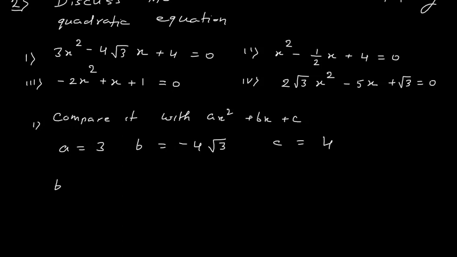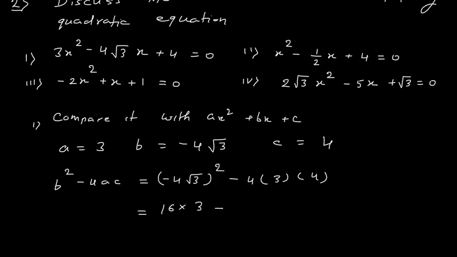So your discriminant, that is b² - 4ac, will be equal to (-4√3)² - 4 into a is 3, c is 4. So this gives us 16 into 3 minus 16 into 3, 48 minus 48, you will get 0.